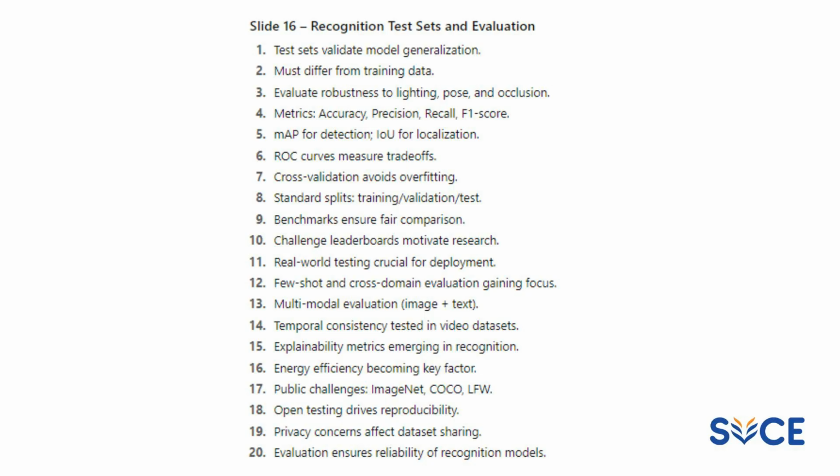These metrics provide a comprehensive picture of a system's performance across different recognition tasks, whether it is category recognition, object detection, facial recognition, or scene understanding. So these are the topics we have discussed in this. We'll move to the next topic.